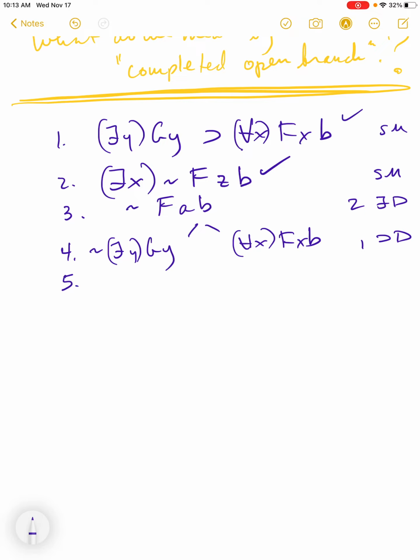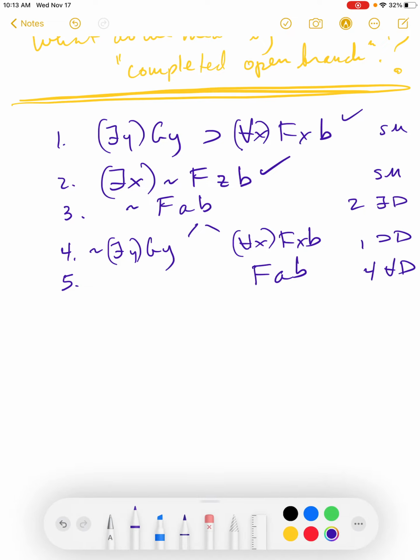If I use A as my instantiating constant when I apply universal decomposition on the right-hand side, I can get FAB, and I get that from 4 by universal decomposition. And look what I've got, FAB and not FAB, and that closes. Okay, so I've got a closed branch.